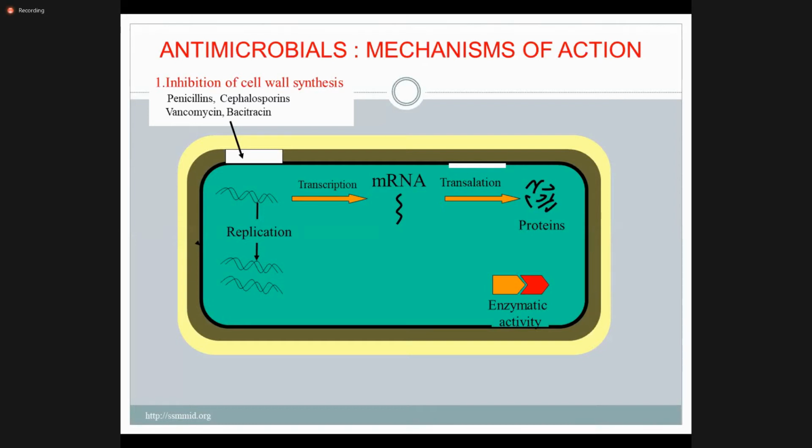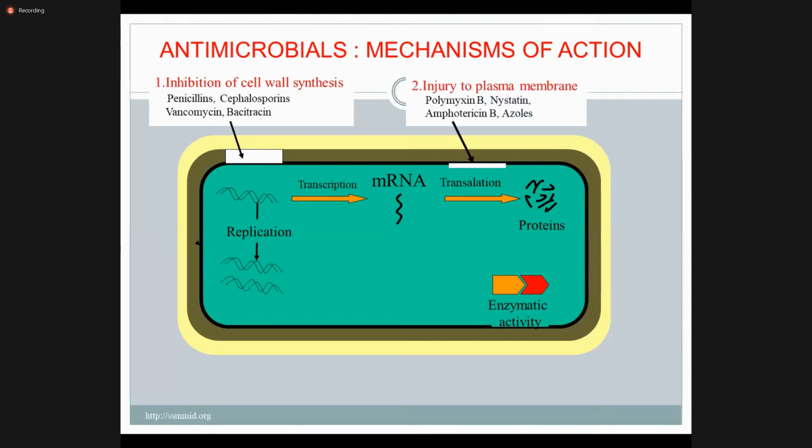When the cell ruptures, that means we destroy or kill that bacteria. So the group of antibiotics that inhibit cell wall synthesis are basically bactericidal drugs, right? Major examples: we have penicillins, cephalosporins, vancomycin, bacitracin. These are the key examples of antibiotics that inhibit cell wall synthesis.